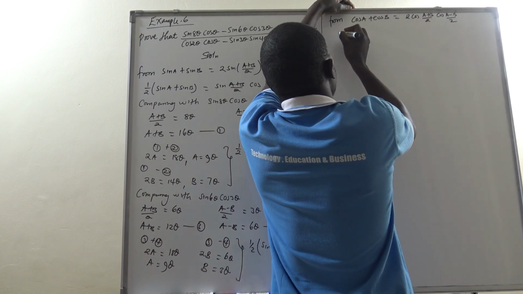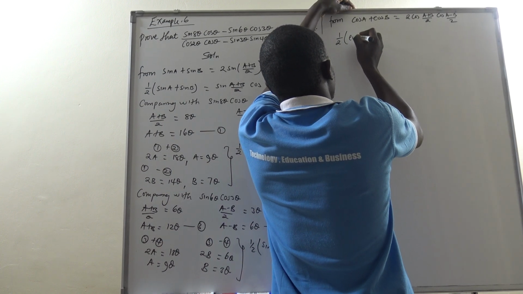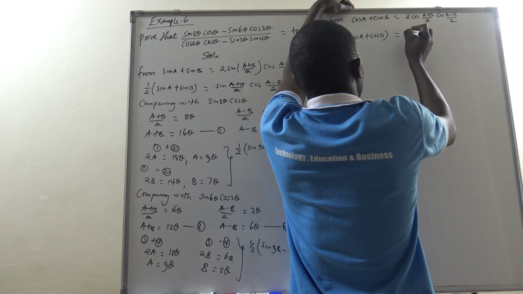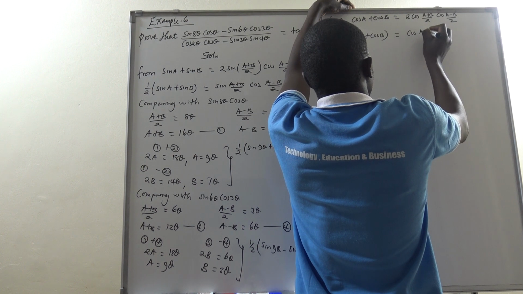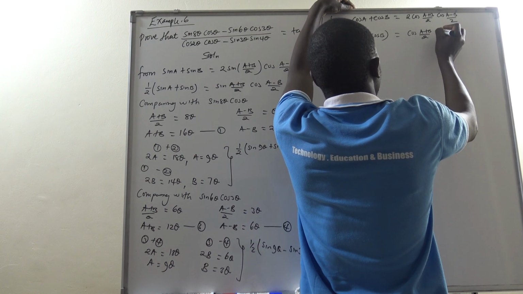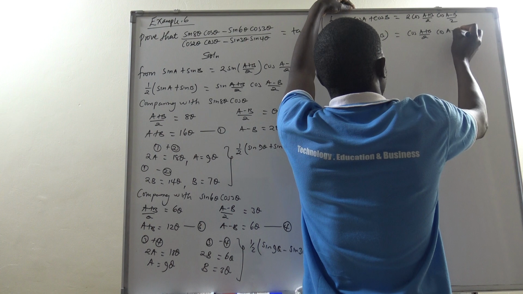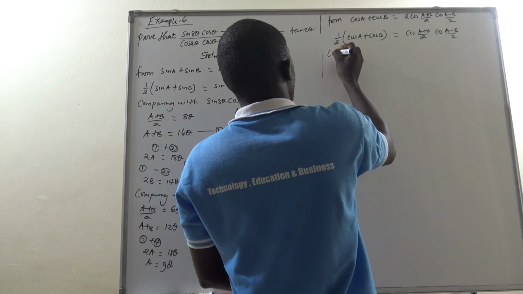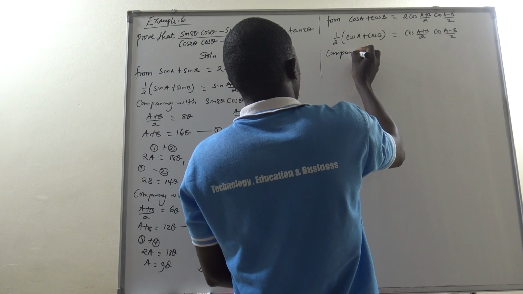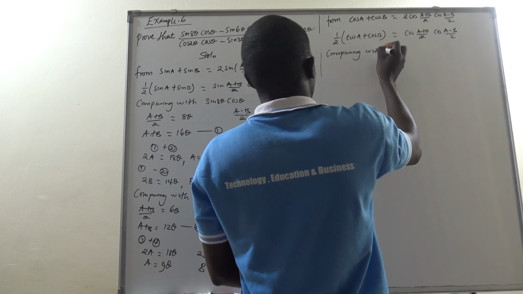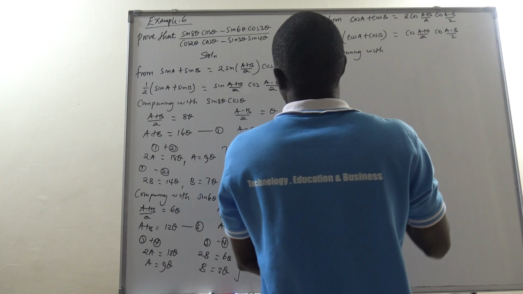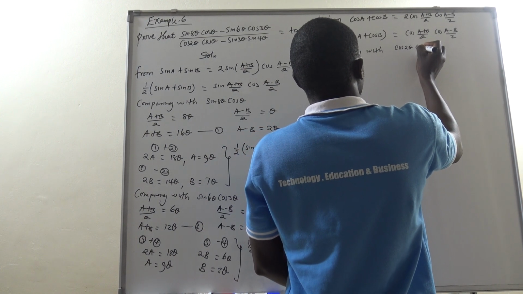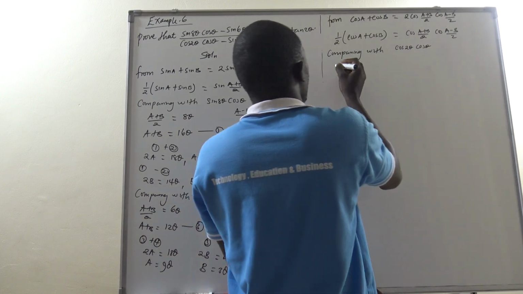We compare, this becomes a half into (cos A + cos B), which is equal to cos((A+B)/2) cos((A−B)/2). So we start comparing, we are comparing with cos 2θ cos θ. What does it become?